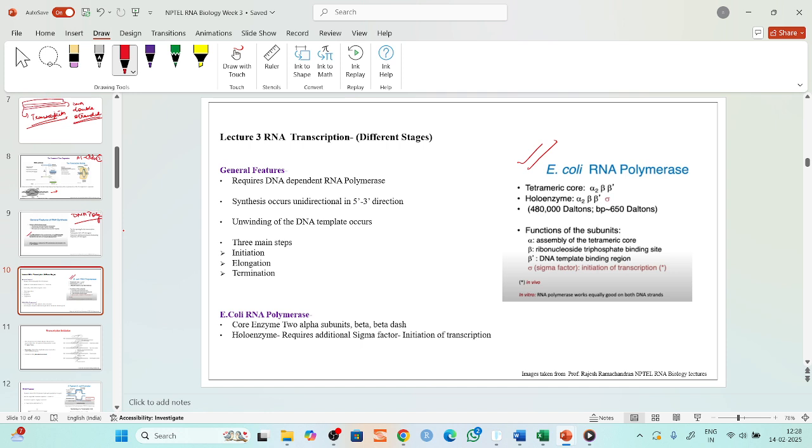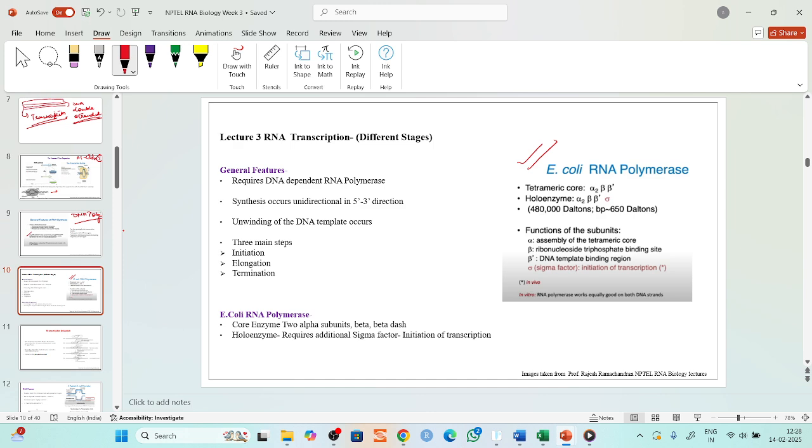So, prokaryotic RNA polymerase is tetrameric. Tetrameric means four: alpha 2, beta, beta dash, and this is known as the core enzyme. So the core enzyme has 2 alpha subunits, one beta subunit, and one beta dash subunit. Alpha 2 means 2 alpha subunits are there. So this is your tetrameric core. And the holoenzyme requires an additional sigma factor.